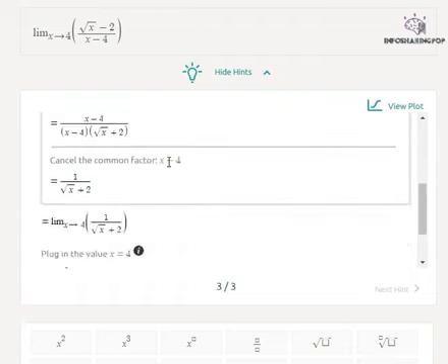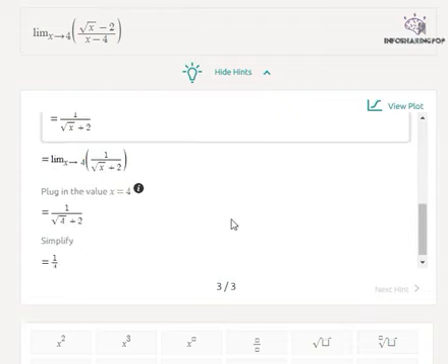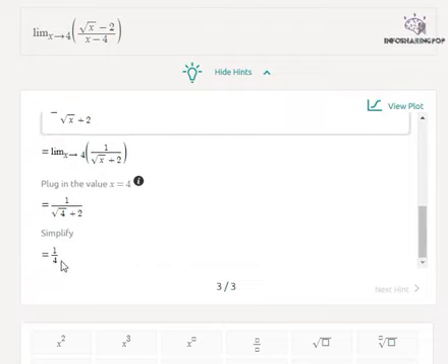So when they cancel, this is the new form of the function that you have. Usually the function after processing won't give you 0 for the denominator. So when you substitute the value 4 into here, you get something out of it instead of 0. The value after substitution equals 1 over 4.